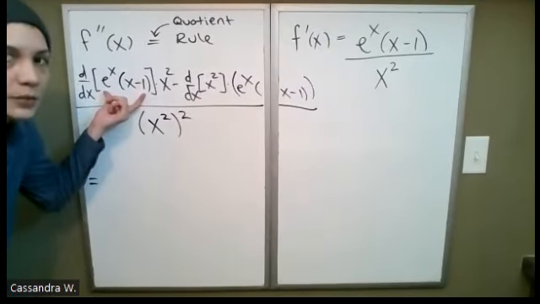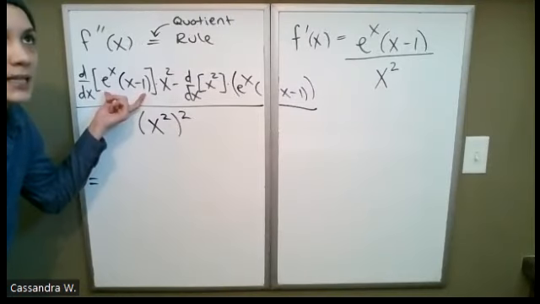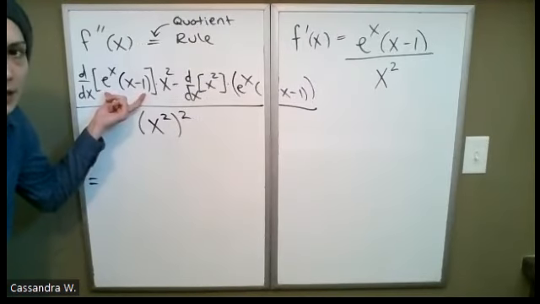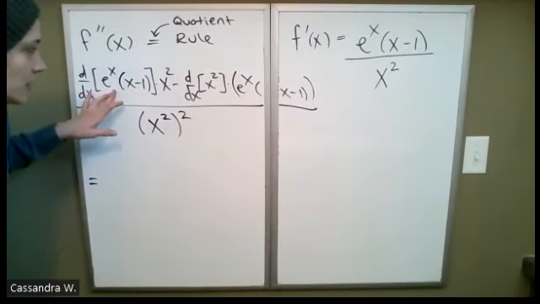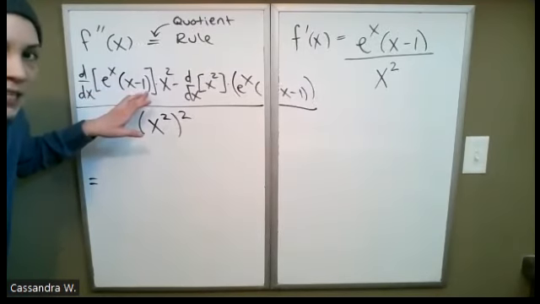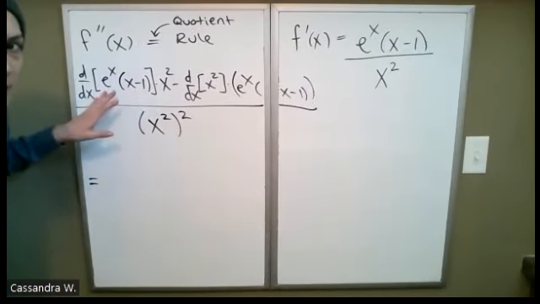Okay, then here we're taking the derivative of a product of two functions. With the product rule, you want the derivative of the first function times the other, add the derivative of that function times that first function.